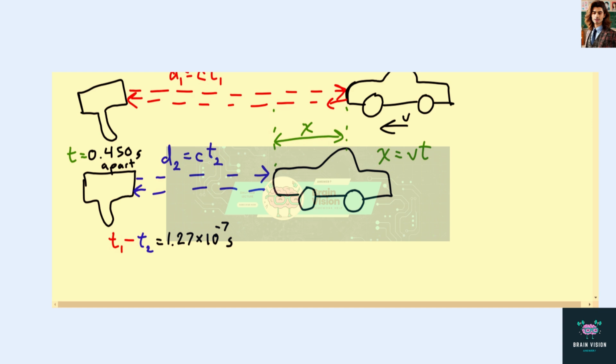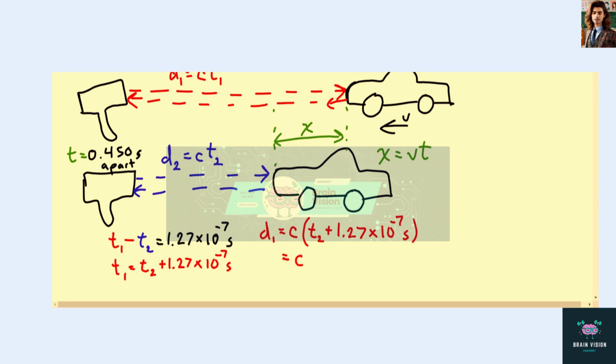So let's go ahead and solve for t1 in this case. We'll say t1 is equal to t2 plus 1.27 times 10 to the minus 7 seconds. And now we're able to plug that into our equation for d1, substituting all that for t1 here: c times the quantity t2 plus 1.27 times 10 to the minus 7 seconds.